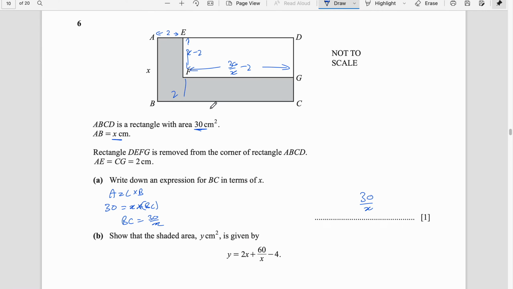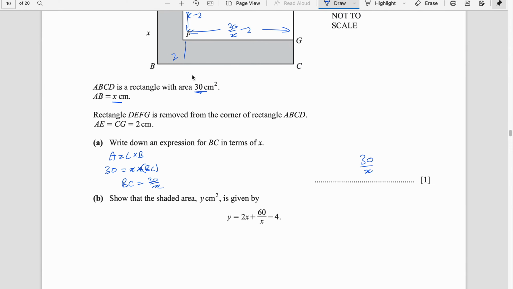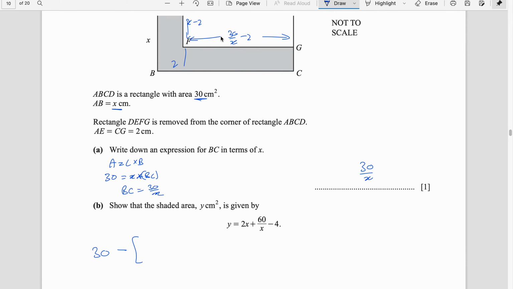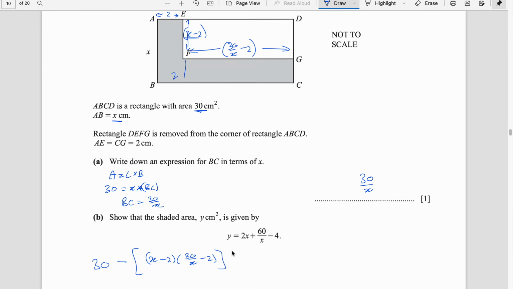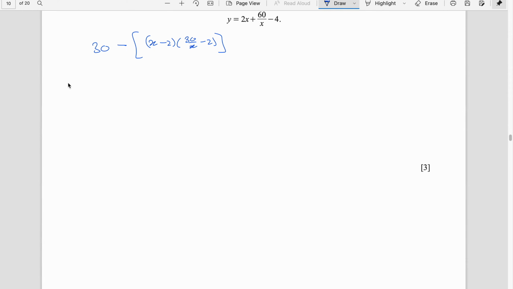So area of shaded region is basically full area minus area of this unshaded part, and I have these two, so length times width is x minus 2 times 30 by x minus 2, and let's simplify.